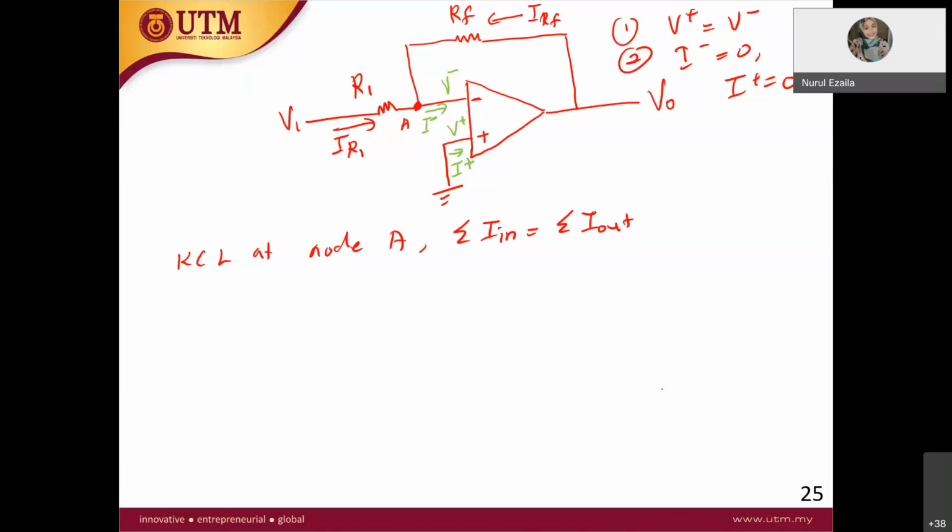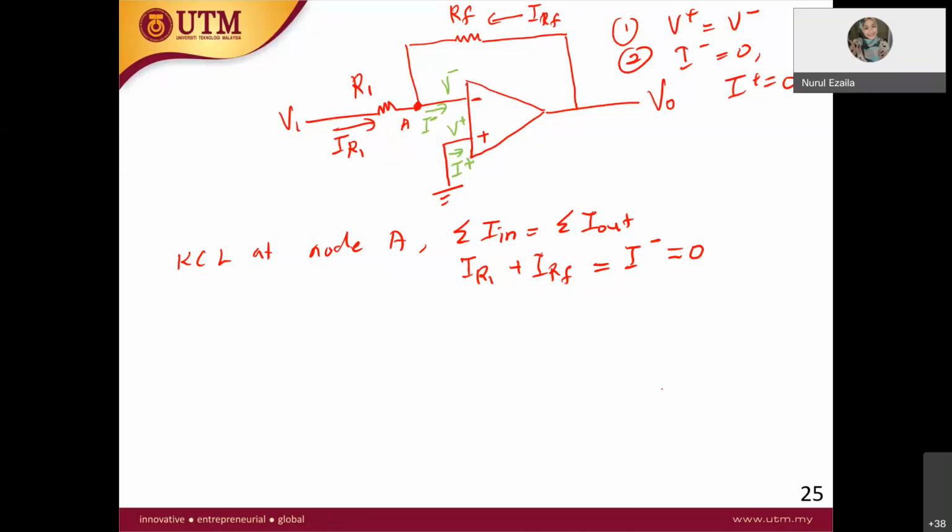You have current IR1. Do you have any current going into the node? Yes, you have IRF. Anything other than IR1 and IRF? Nothing more coming in, but you have current going out from node A, which is I minus. So I minus is equal to 0, and the equation is IR1 plus IRF equal to 0.